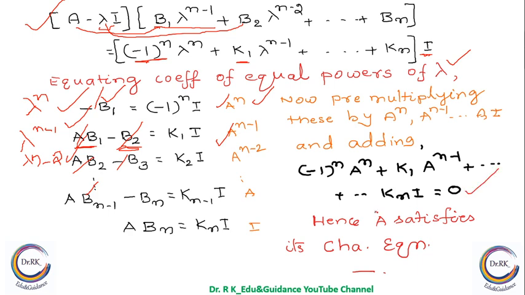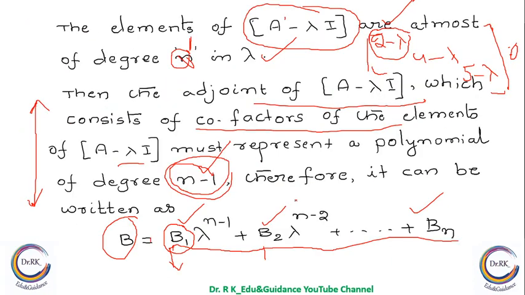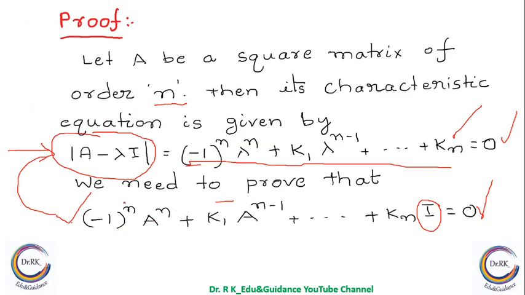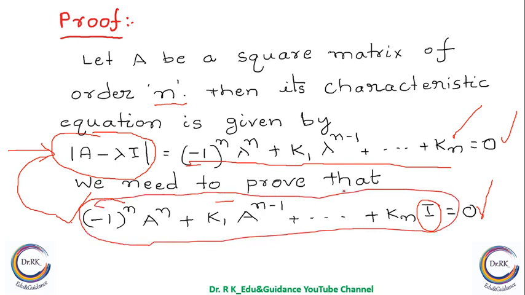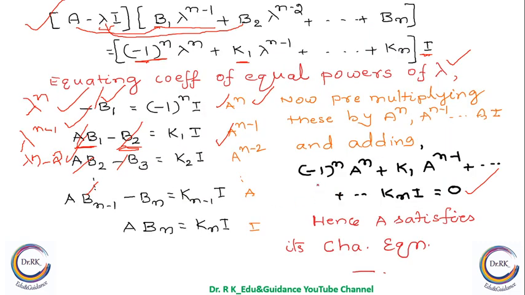So this is what we want to prove. If you go and see the statement we mentioned, in order to prove it, we have to prove this. That is what we proved: minus 1 power n A power n plus K1 A power n minus 1 and so on. That means A is satisfying its characteristic equation.